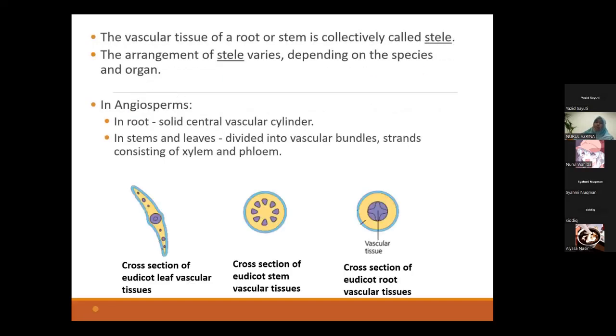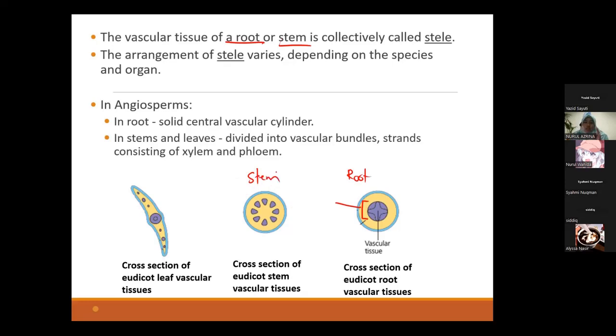okay. Next, the vascular tissue of the root system, root or stem, meaning the vascular tissue in root and in stem, we call it stele, right? Meaning the area that has, for example, like this, in the root. This is root, alright? This is a cross section of stem.